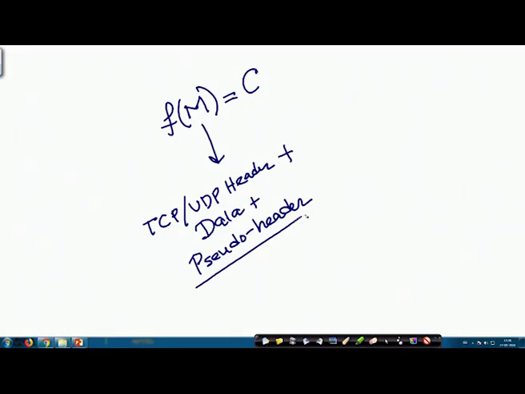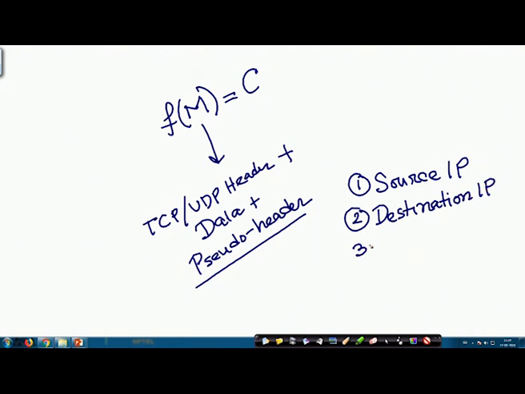So, what is the content of this pseudo header? The content of the pseudo header is the source IP, the destination IP, then the protocol field from the IP header. So, it actually takes certain fields from the IP header, and the fourth is the reserved bits. There are 8 reserved bits in IP.